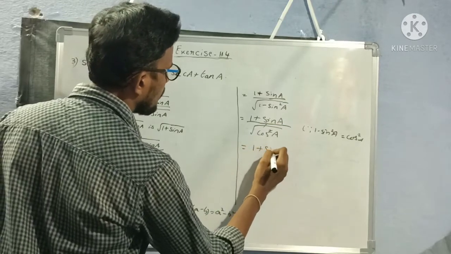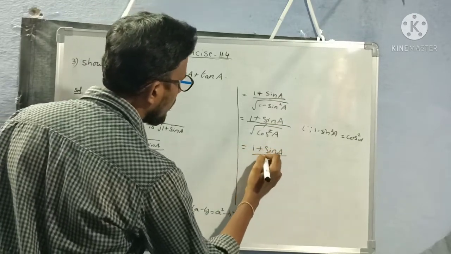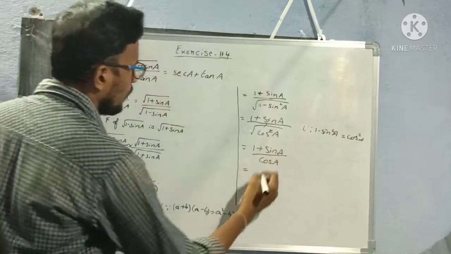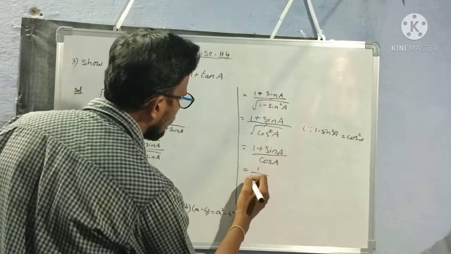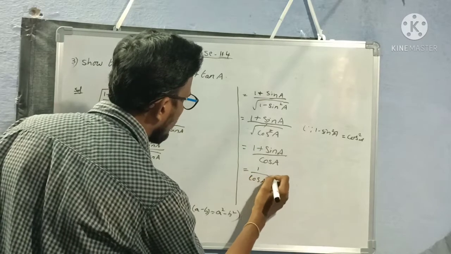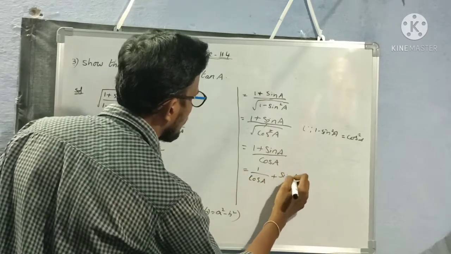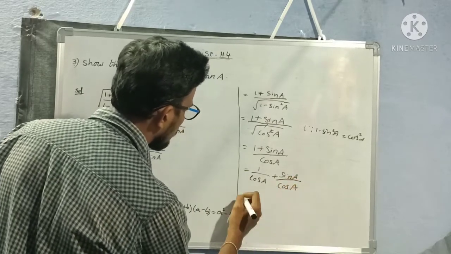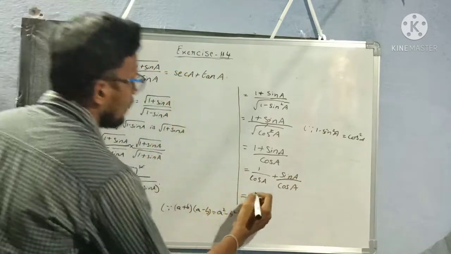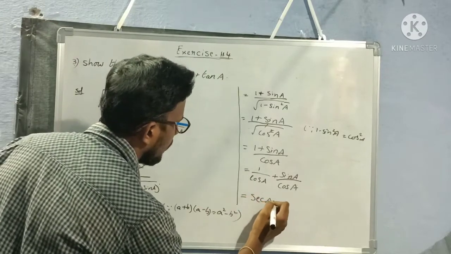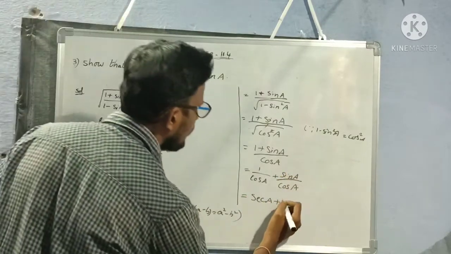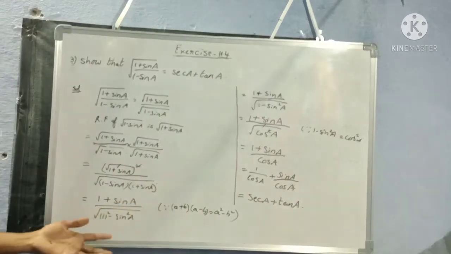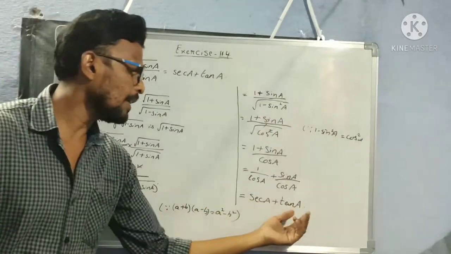So (1 plus sin A) by cos A. That is equal to, if I take separately, 1 by cos A plus sin A by cos A. 1 by cos A is secant A plus sin A by cos A is tan A. Like this, we get the RHS as secant A plus tan A.